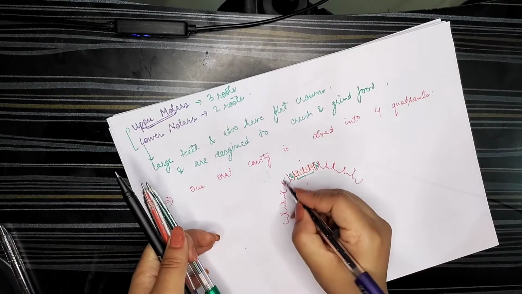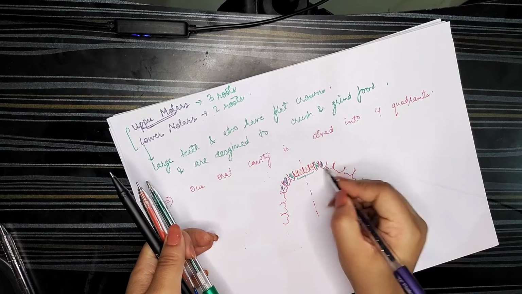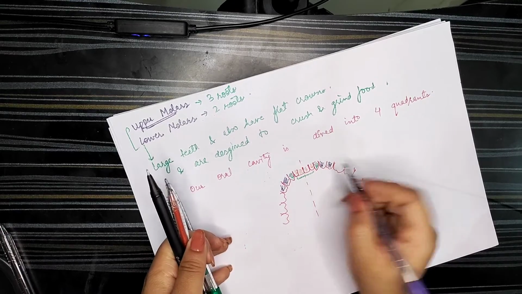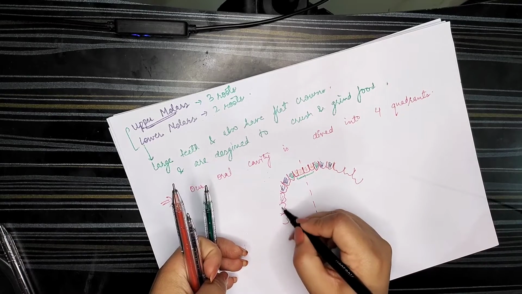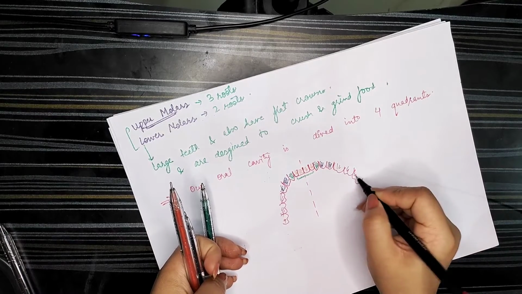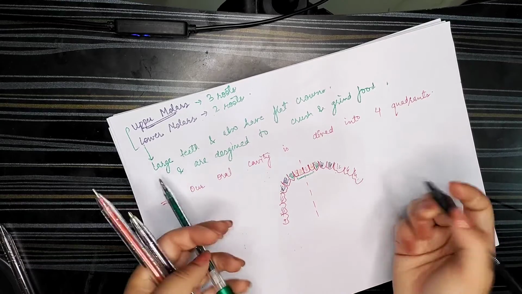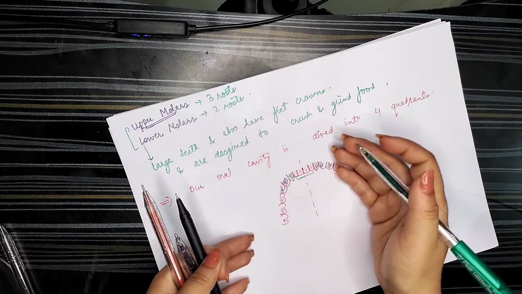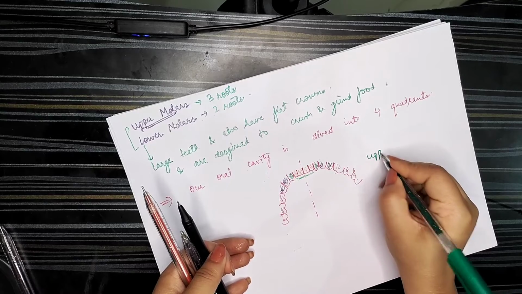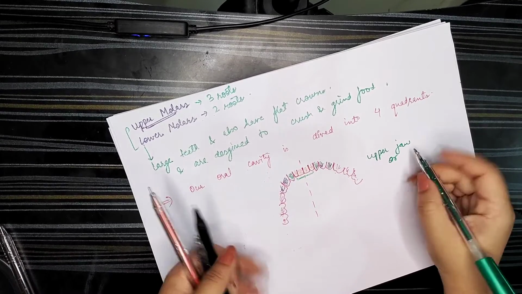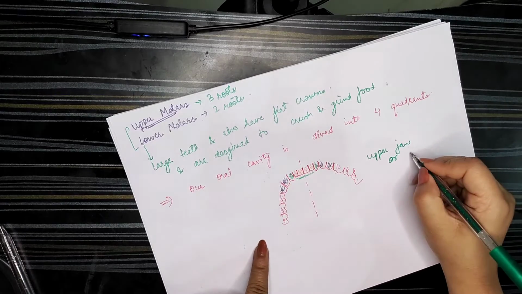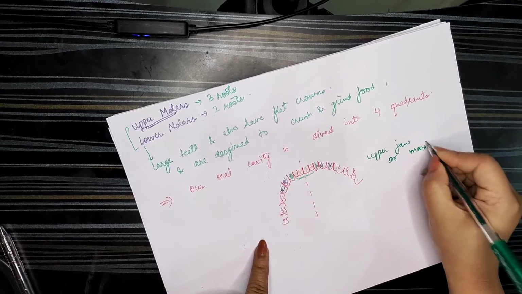Now this and this, this and this, these are the premolars. And these 3 are molars. So this is the upper jaw, or in dental terms it is known as maxilla.